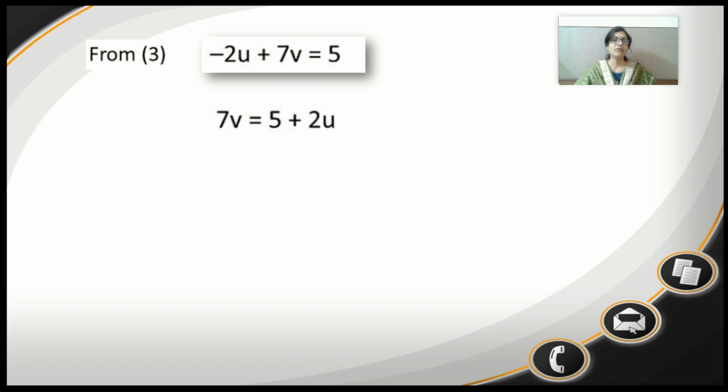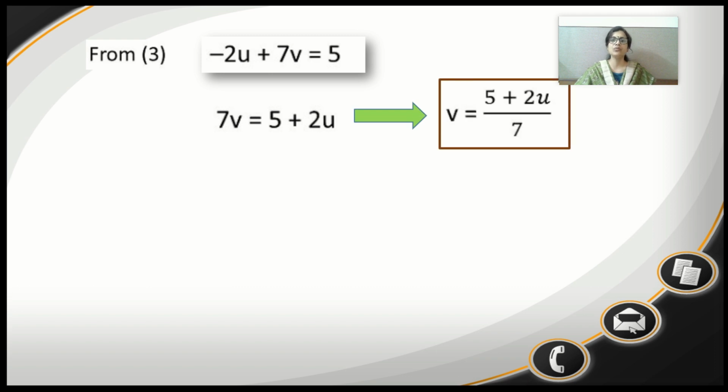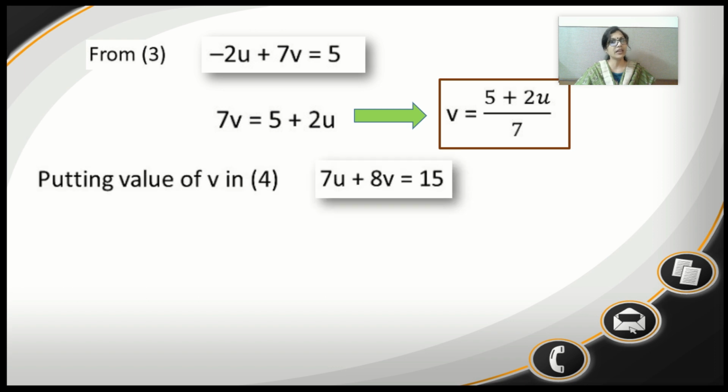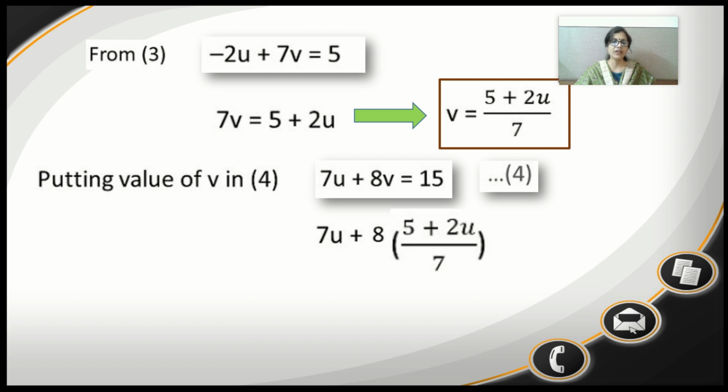From this equation we can get the value of v, and v is equal to (5 plus 2u) upon 7. Now let's put this value of v in equation 4, and 7u plus 8v is equal to 15 is our equation 4. So we will have 7u plus 8 in the bracket value of v, which is (5 plus 2u) upon 7, is equal to 15.